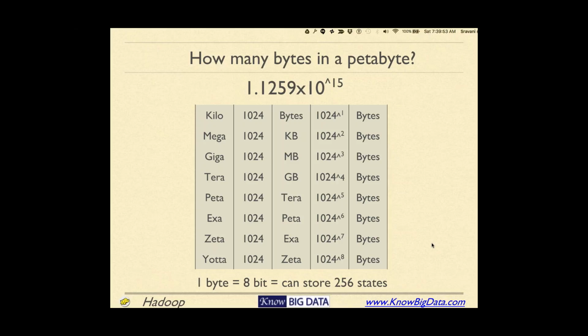While velocity relates to the network bandwidth, and the third one, which is variety, relates to the CPU and memory.